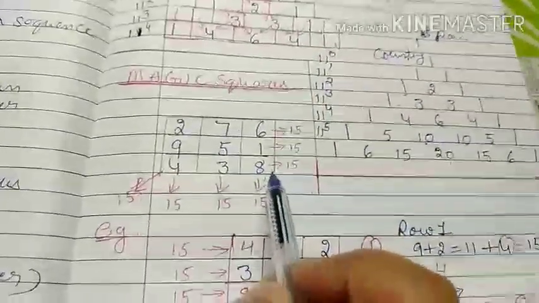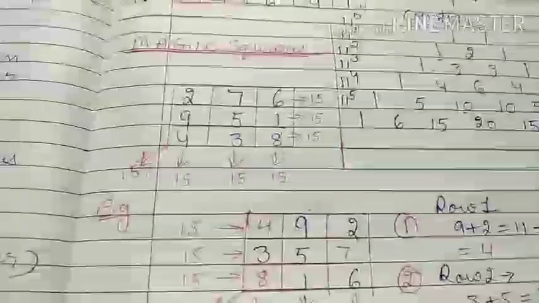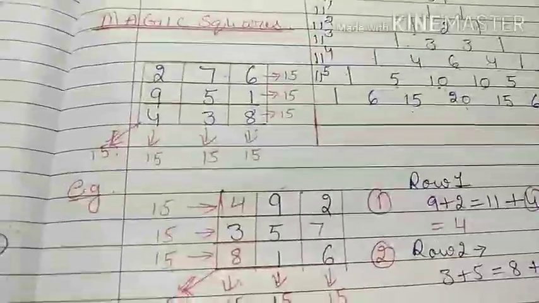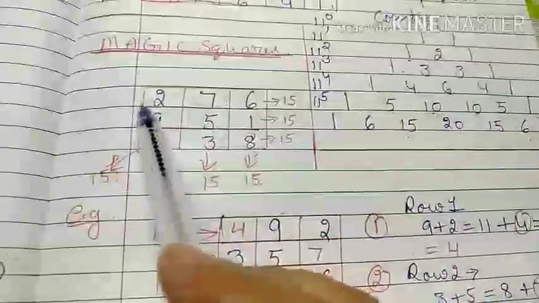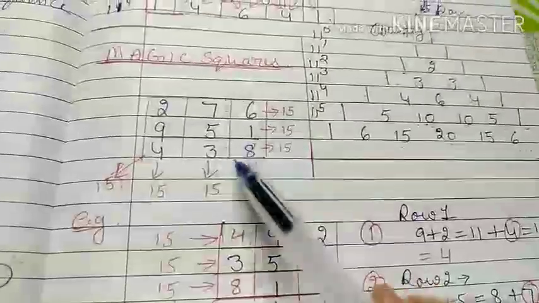Now for checking the magic square, you have to add all the numbers present in a particular row, column, or diagonal. If the total is the same, we call it a magic square. Like here, 6, 1, 8: the total is 15.